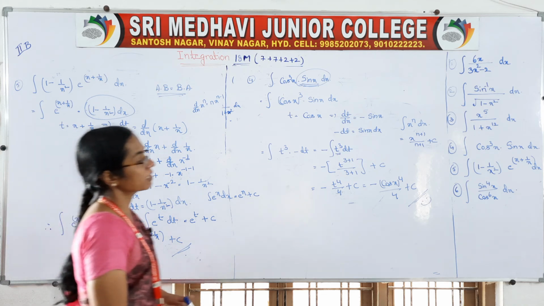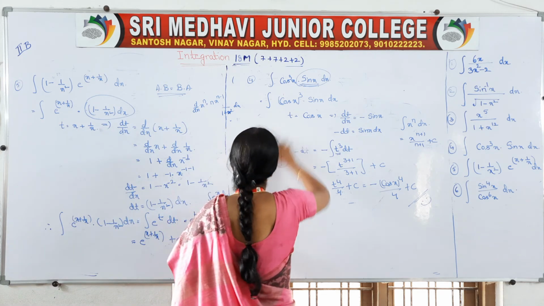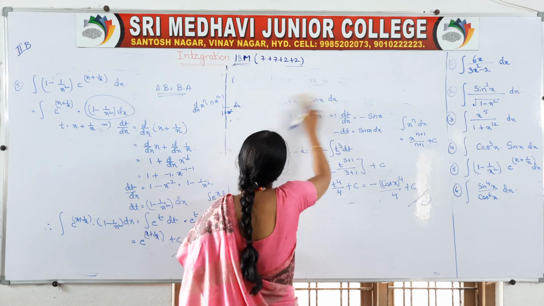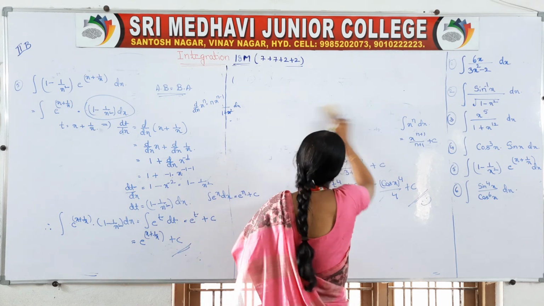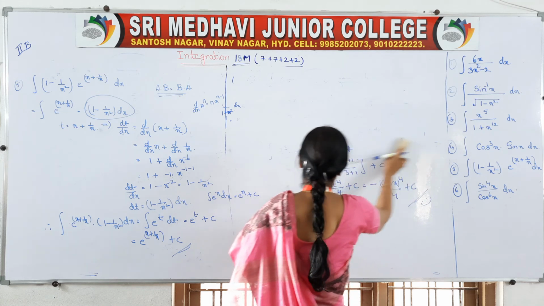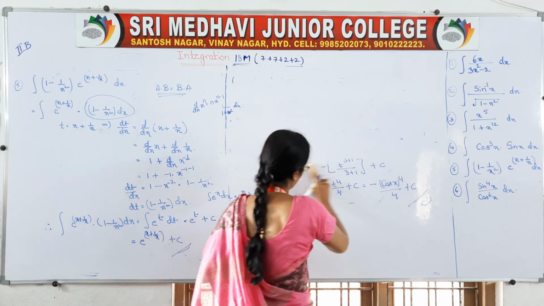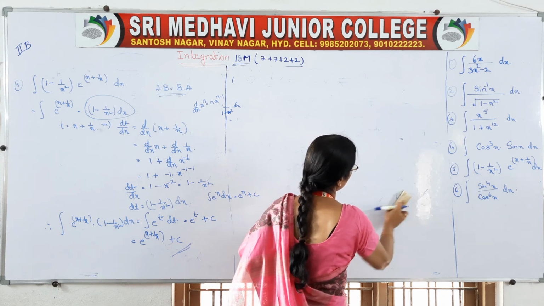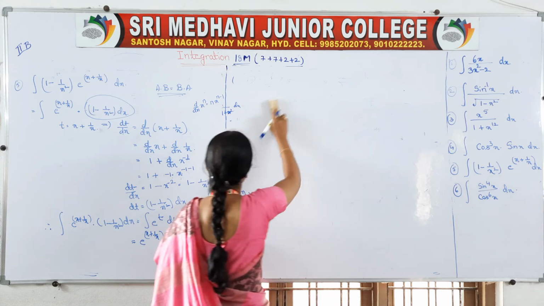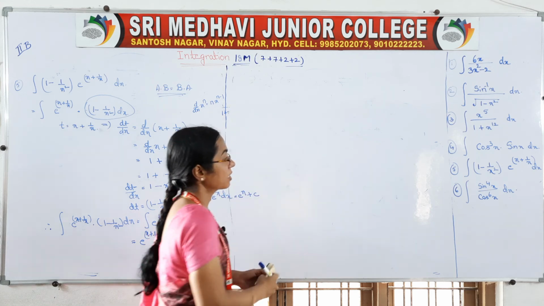Okay, these are all selected questions, so you have to practice perfectly, right? So don't skip any one day's maths class, right? And don't skip the practice also. You have to watch, you have to copy, you have to practice, then only you will get your maths perfectly.